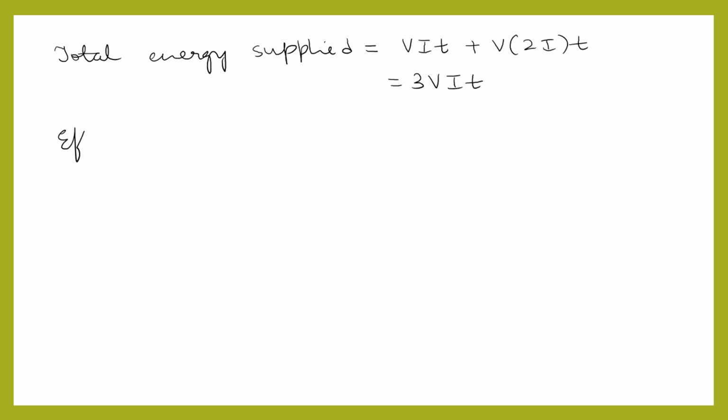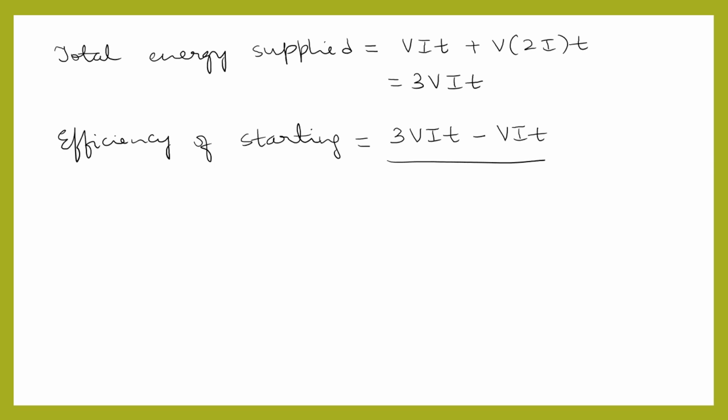Therefore, the efficiency of series parallel starting is equal to energy supplied minus energy lost by the total energy supplied, that is equal to 2 by 3 or it is 66.67%. So the efficiency is increased by about 17%.